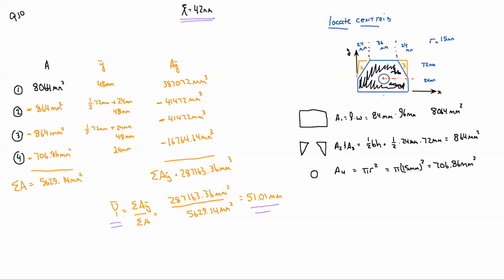So we'll call it right here. The ordered pair that describes the centroid would be capital X bar, comma, capital Y bar. That would be 42 millimeters, comma, 51.01 millimeters.